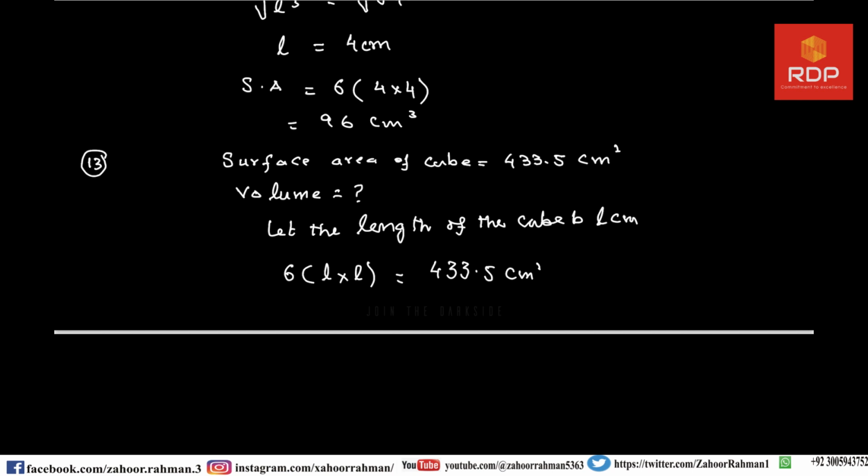And in this regard we can write 6L square, and that is 433.5 centimeter square. Now we can write L square is equal to 433.5 centimeter square divided by 6.